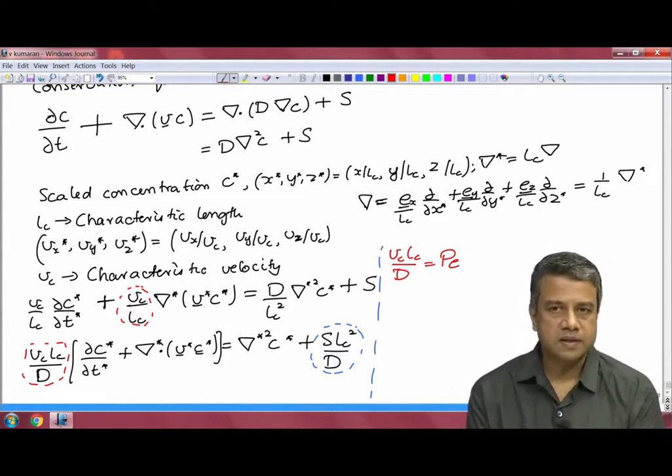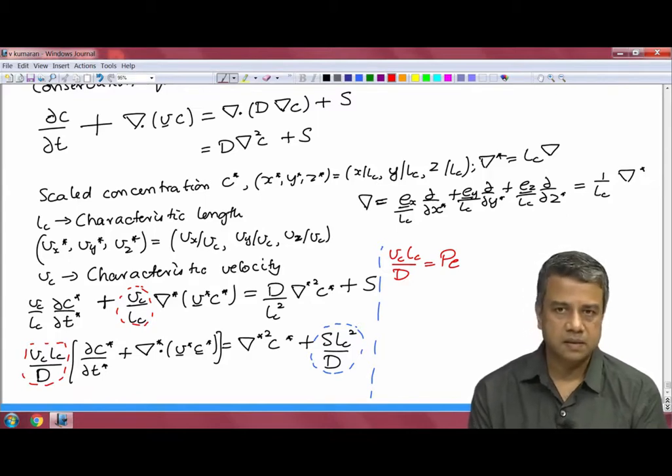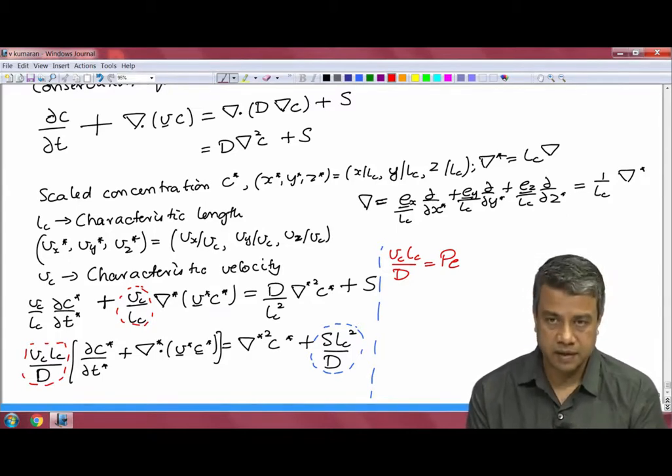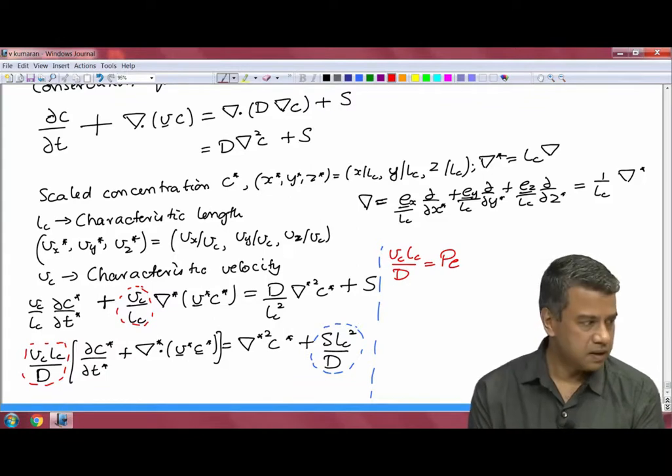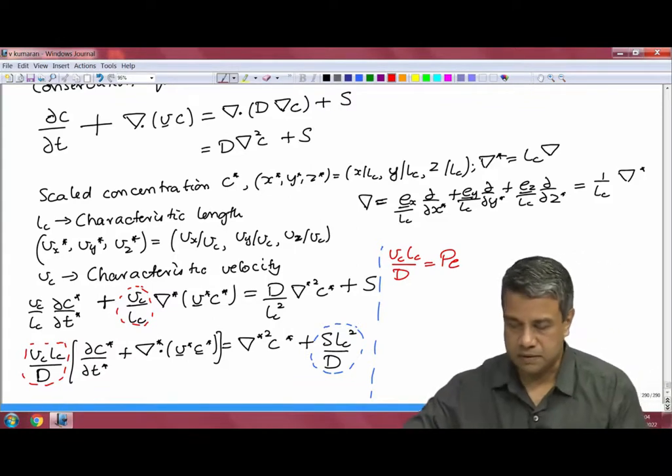First we will consider the limit of low Peclet number, where the convective terms and the time derivative can be neglected in comparison to the diffusion term.